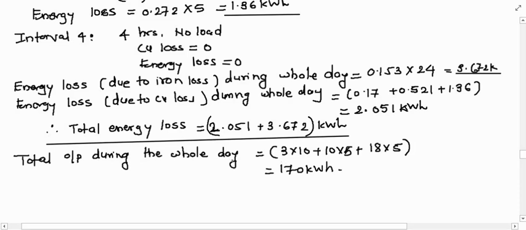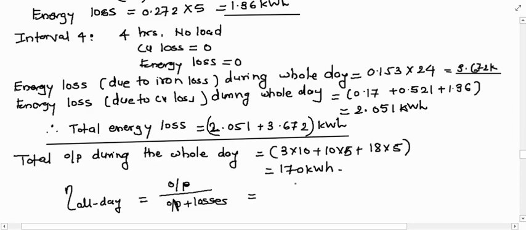Now we know, student, what is the all day efficiency? All day efficiency is total output energy in kWh divided by output in kWh plus losses in kWh. So I will write down output divided by output plus losses.